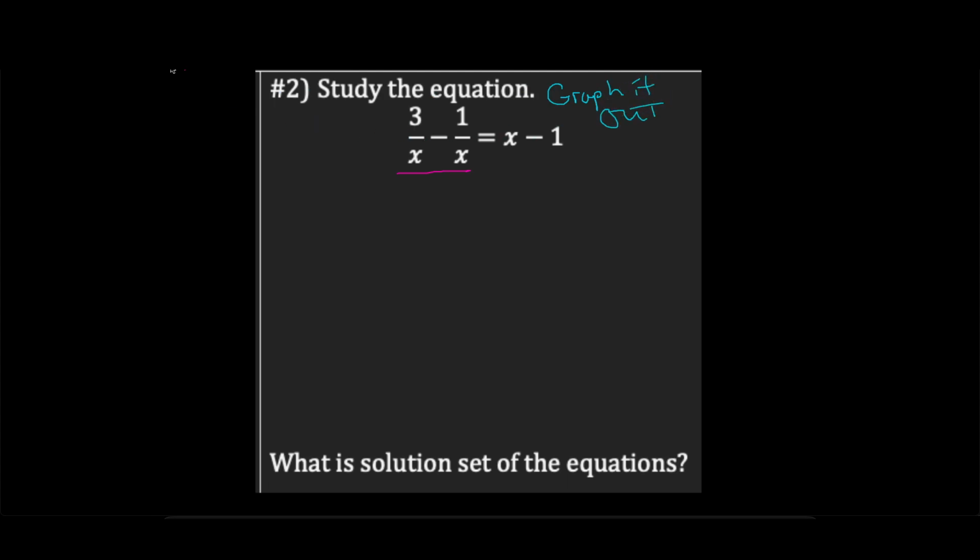So one equation is my left side, y equals 3 over x minus 1 over x. Let me write it like a normal fraction. And my second equation is going to be the right side, x minus 1. It's real simple. Again, be able to find where they intersect.